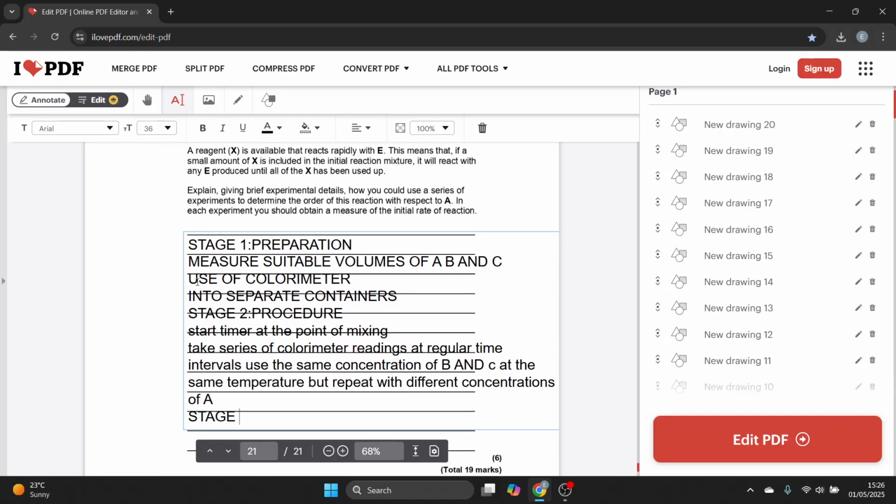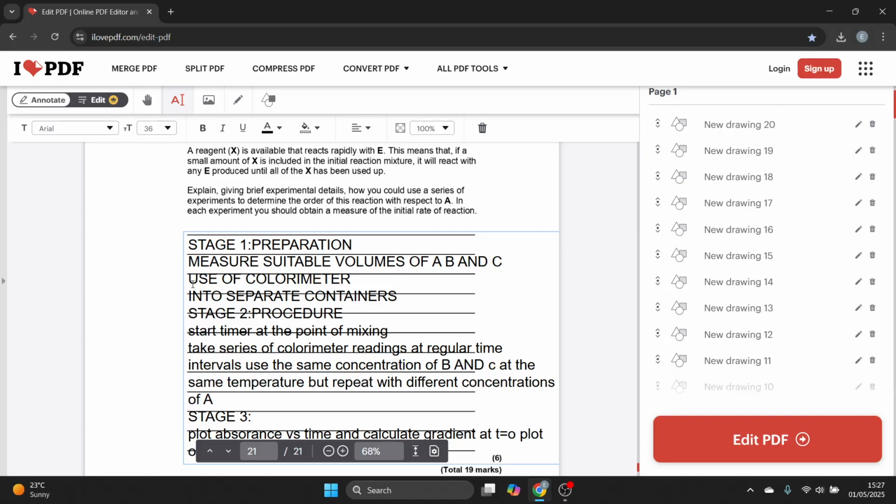And then stage 3, plot absorbance, because that's what the colorimeter is for, absorbance. Plot absorbance versus time and calculate gradients. And calculate the gradient at t equals 0 because I want the initial rate of reaction.